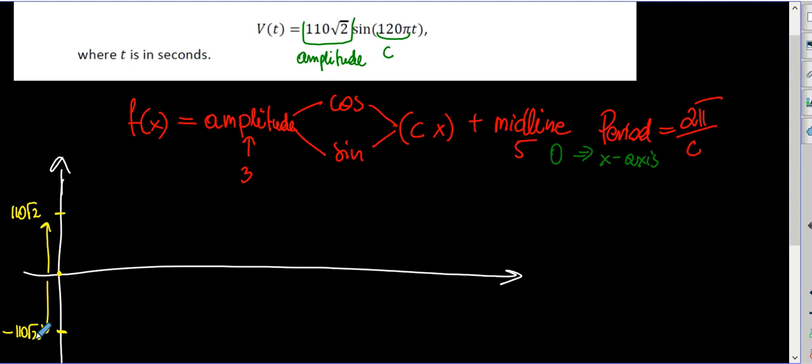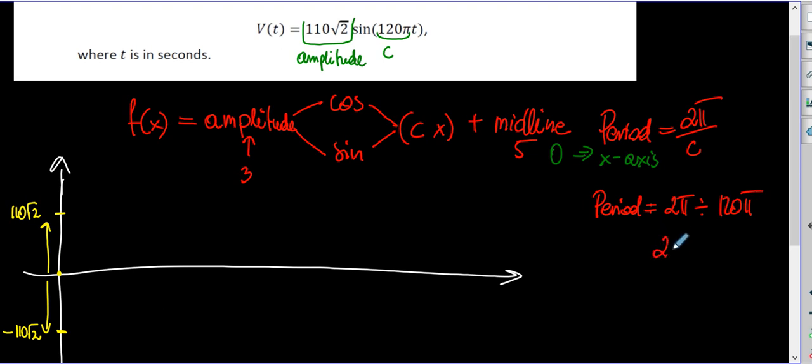Now, the period. Sine and cos function are very symmetrical. So if I find the period of this function, the period would be 2 pi divided by c, which is 120 pi.